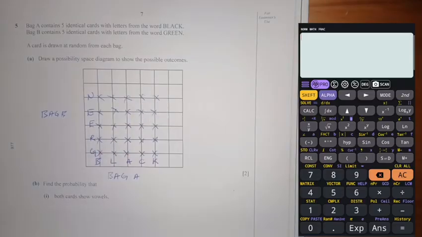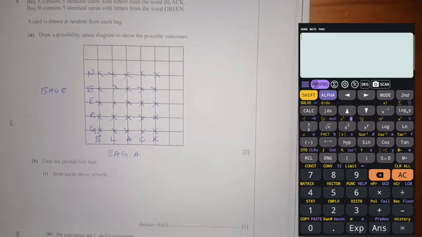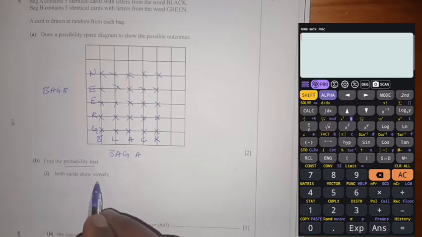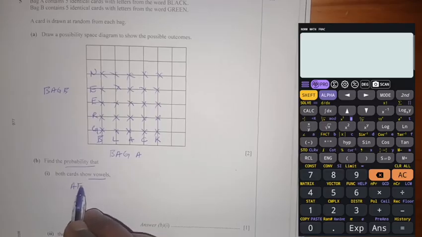Now we are required to extract information from our possibility space. Number one, we are required to find the probability that both cards show vowels, which means from the two cards we are expecting the letters A, E, I, O, U. Those are vowels.